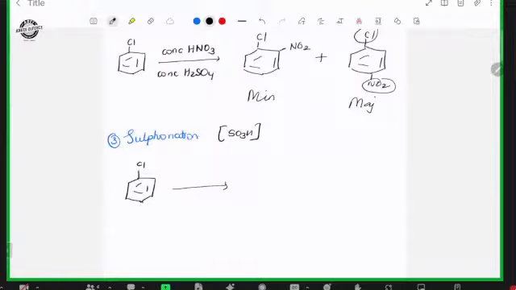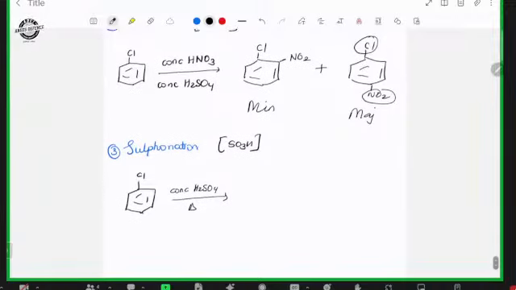Now in sulfonation, there is one acid which starts with sulfo. That is sulfuric acid. So in this, we're just going to add sulfuric acid. We are not going to add nitric acid, because if we add nitric acid as well, it will undergo nitration. But we have to do sulfonation. So for this, you have to use concentrated sulfuric acid and you have to heat it.